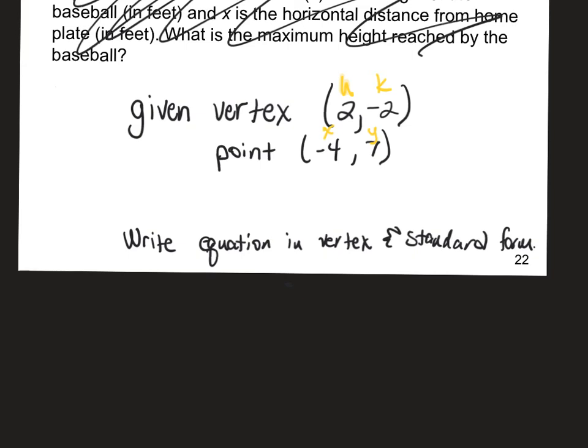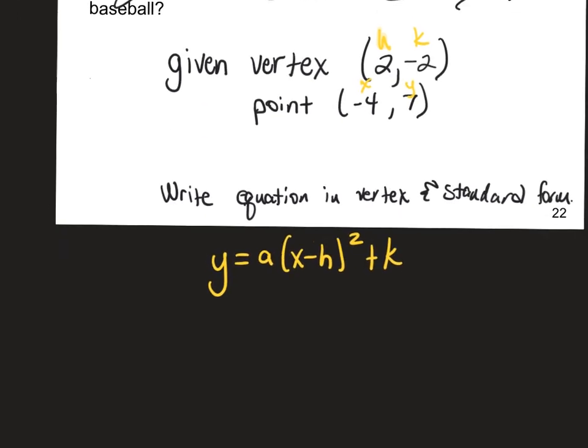You'd plug in stuff for x and y and m, and you would solve for b. Then you'd plug in and say, okay, now I can write the equation of my line. We're going to do the same thing. We're going to use our vertex form. They've given us the y, the x, the h, and the k. We're going to first solve for a.